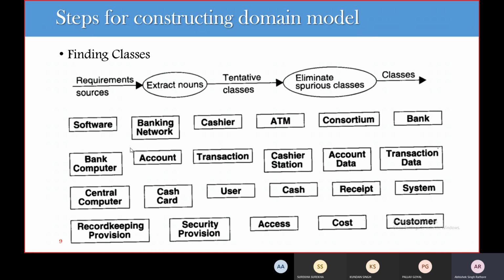Instead, we could model a student class, but student is not relevant in the case of a banking system. So we have to neglect or reject, let's say, the student class or the faculty class in this scenario, because this is out of our domain, while student or faculty are usually users of your system. So this is a much more abstract and clear view for your users. So we have to identify some relevant classes.